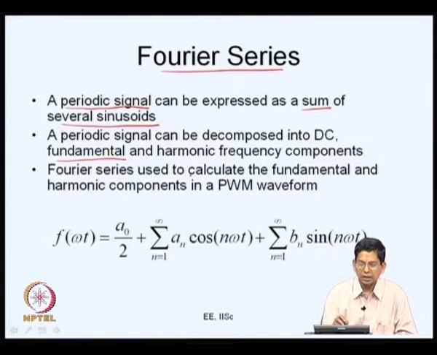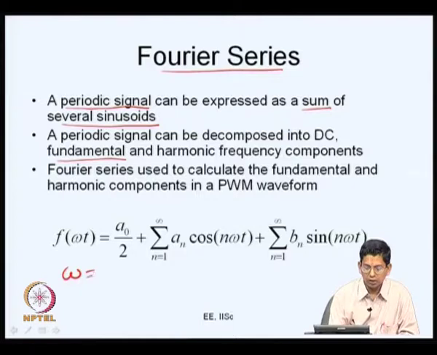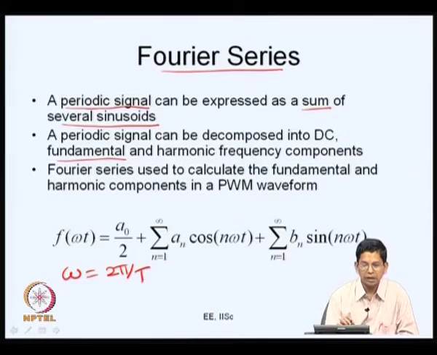So, a periodic signal can be decomposed into a DC component, a fundamental component, and a set of harmonic components as indicated here. Here I have given some f of omega t. Instead of time, I have taken the angle at the fundamental frequency. Here omega is equal to 2 pi upon T, where T is the time period of the waveform in question.